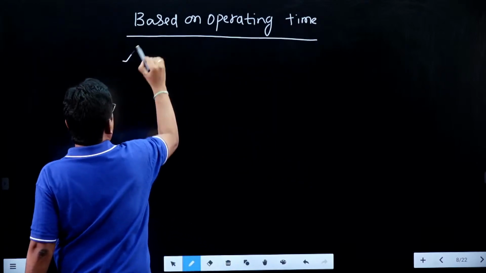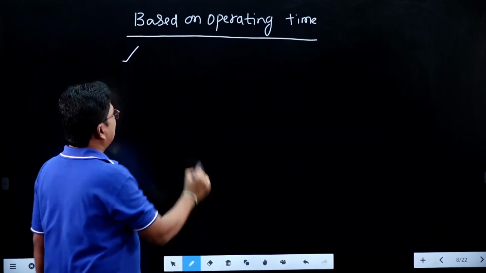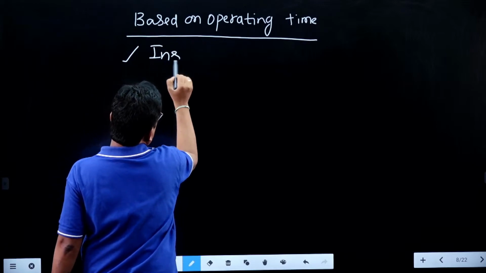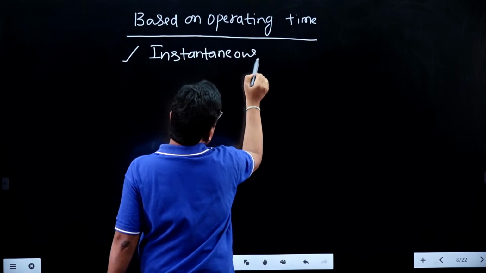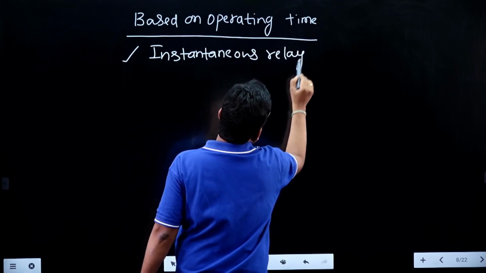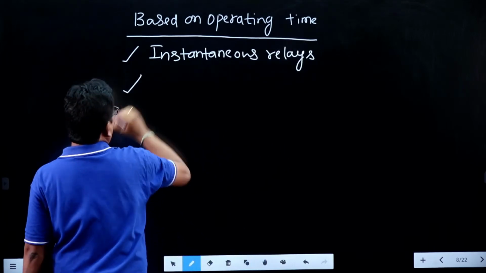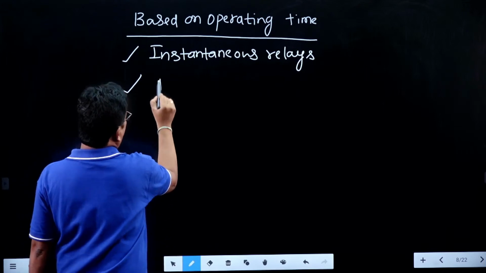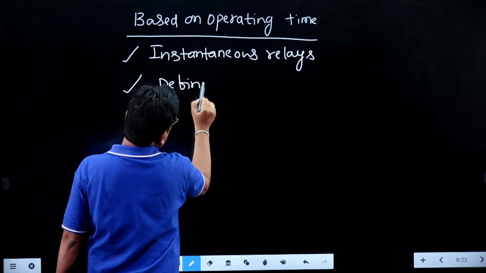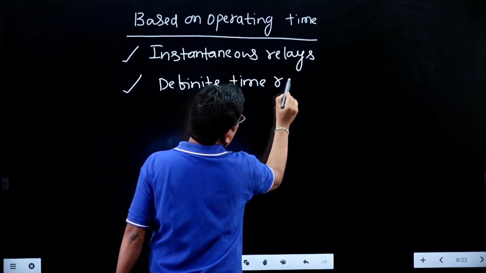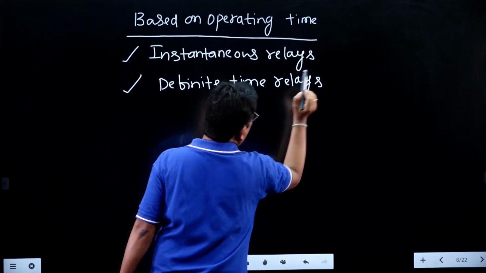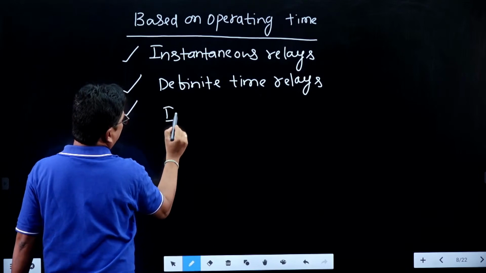Based on operating time, we are having which type of relays? Instantaneous relays. Next one is definite time relays. Next one is inverse time relays.